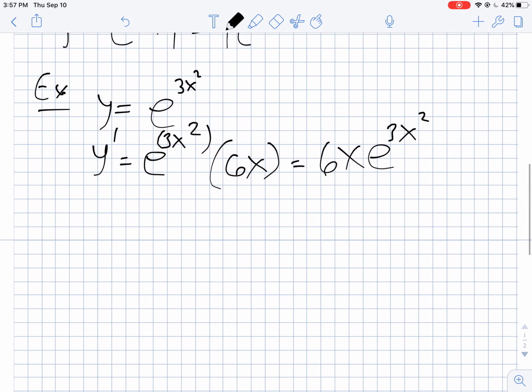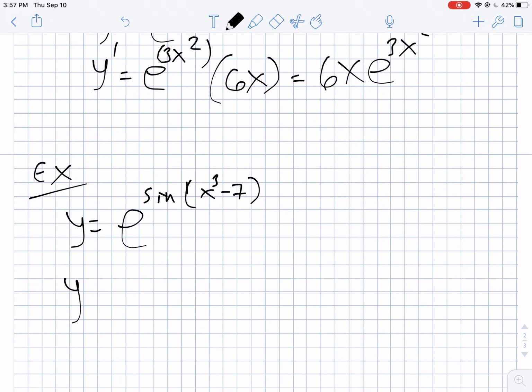Even if you have something a little more complicated, so for example, let's say we have e to the power of sine of, I don't know, like x cubed minus 7. When I take the derivative of that, I'm going to start with the e to the stuff, right?